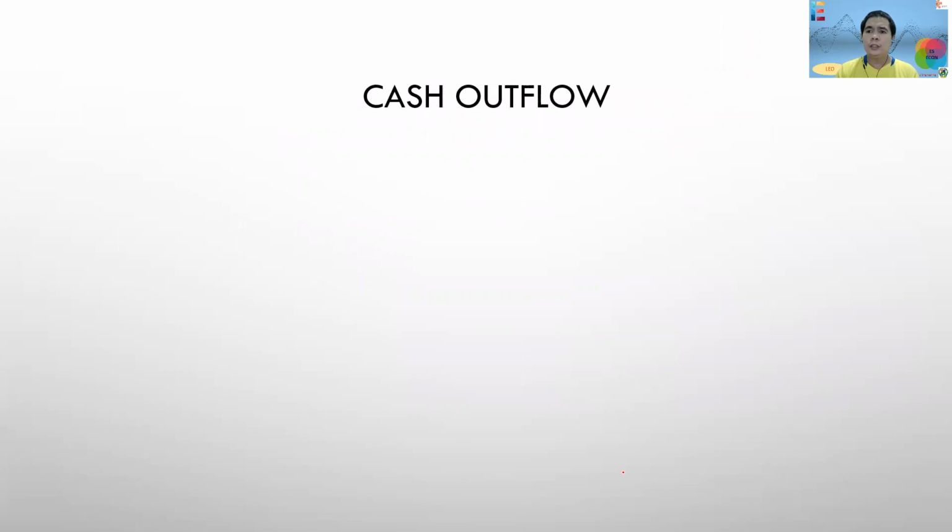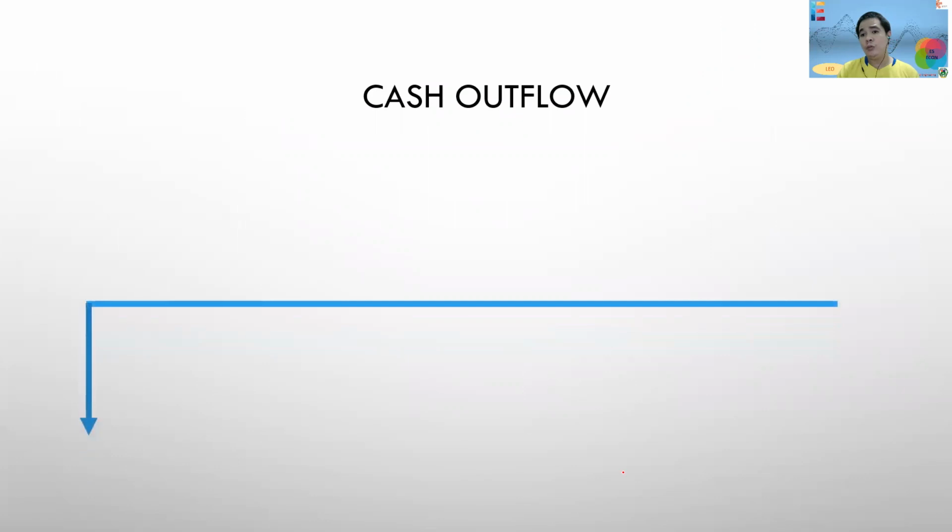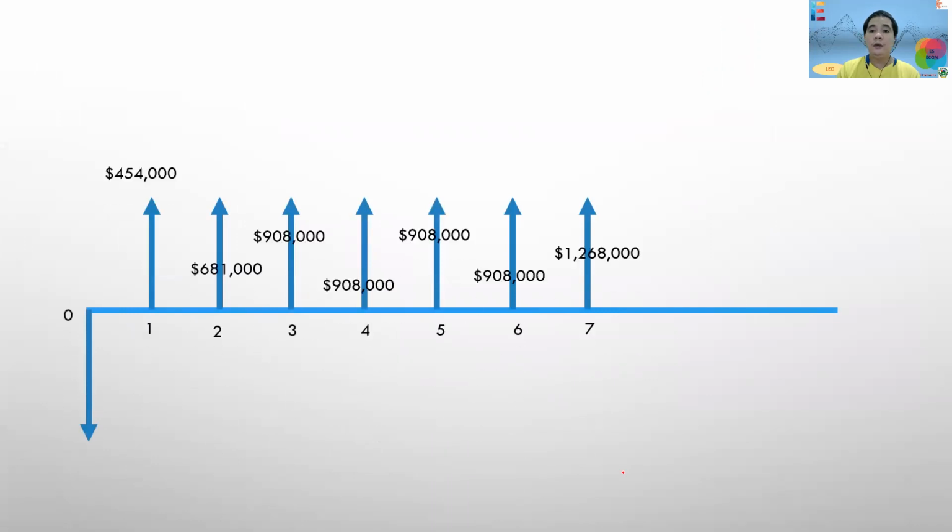To start off, let's have your cash outflow. Basically, the capital investment for the improvement project is about 1.8 million at year 0. You can see it on the cash flow diagram provided. So that's your investment. Second, you'll have to get your cash inflows, or what we call savings.